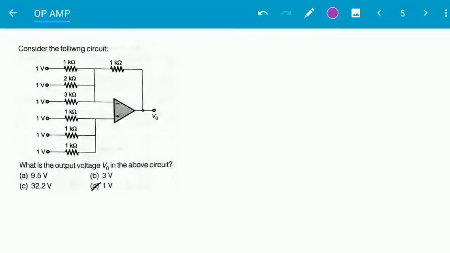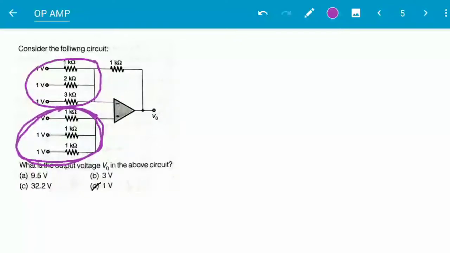And in this, here is one voltage source and here is another number of sources. So if I convert these sources to one and these sources to one, then the circuit will be very simple.